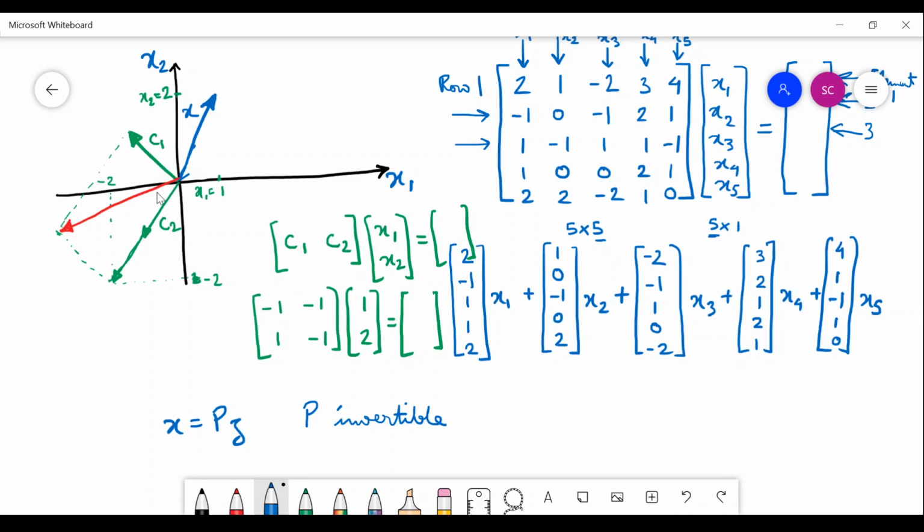That corresponding z, what I am trying to say is this, that corresponding z is having its axes as z1 and z2, not x1 and x2.